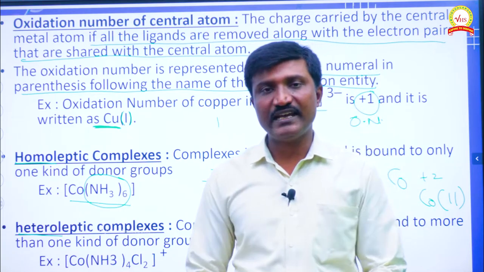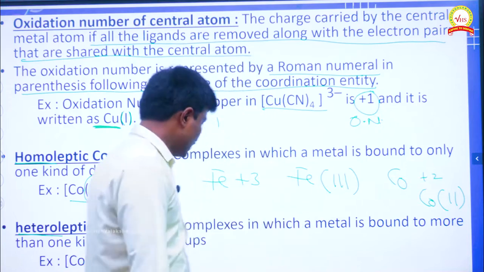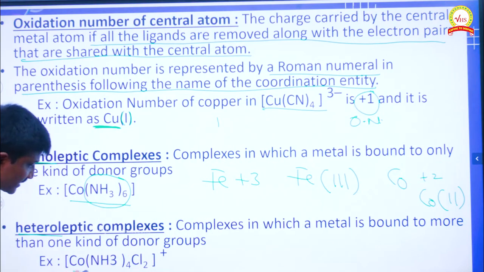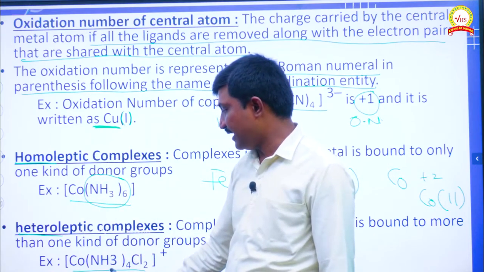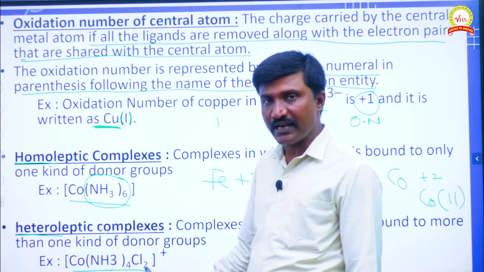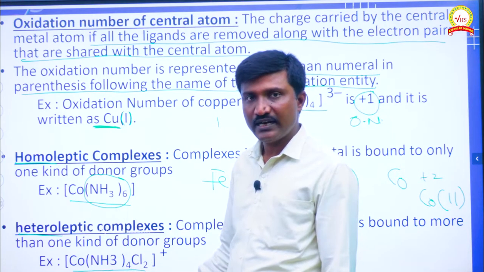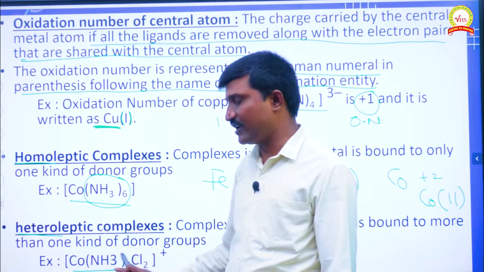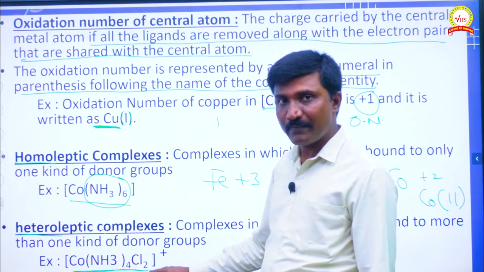If different types of ligands are present, we call it a heteroleptic complex compound. So here, Co(NH3)4Cl2 has 4 ammonia ligands and 2 chloride ligands, which are different types. Ammonia is one type of species and chlorine is another type. So it is a heteroleptic complex compound.